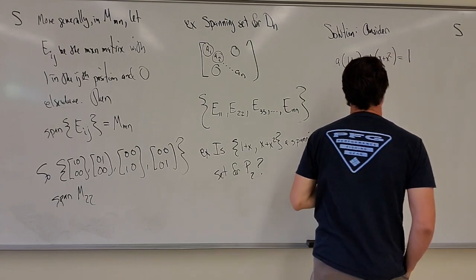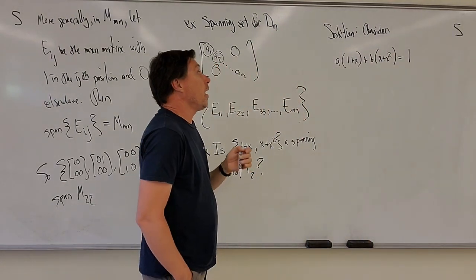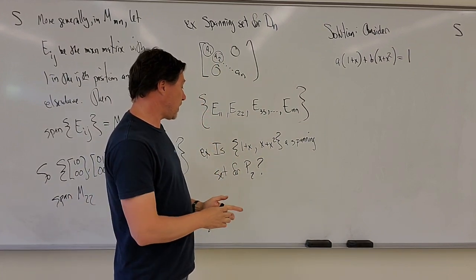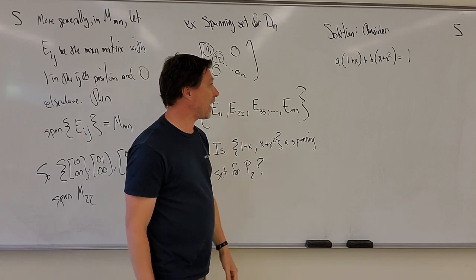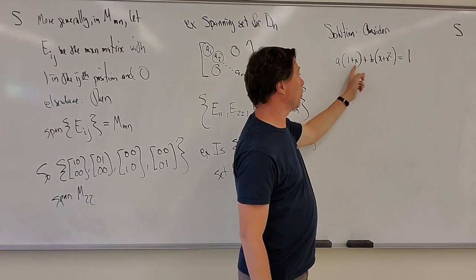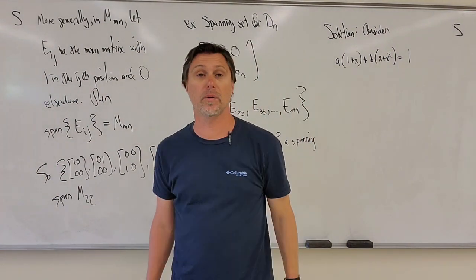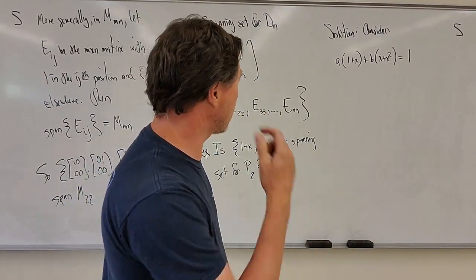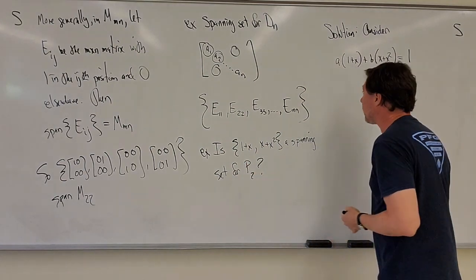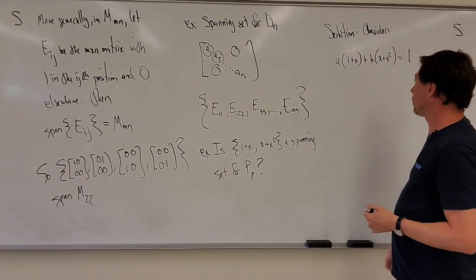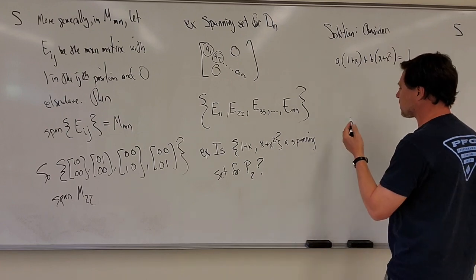All right, so what's going on here? If the answer is yes, then every single polynomial in P2 can be expressed as a linear combination of these two right here. Now, the constant polynomial 1 is a polynomial of degree less than or equal to 2, and so in particular, then, the polynomial 1 needs to be a linear combination of these two polynomials. And so let's see what this would tell us.